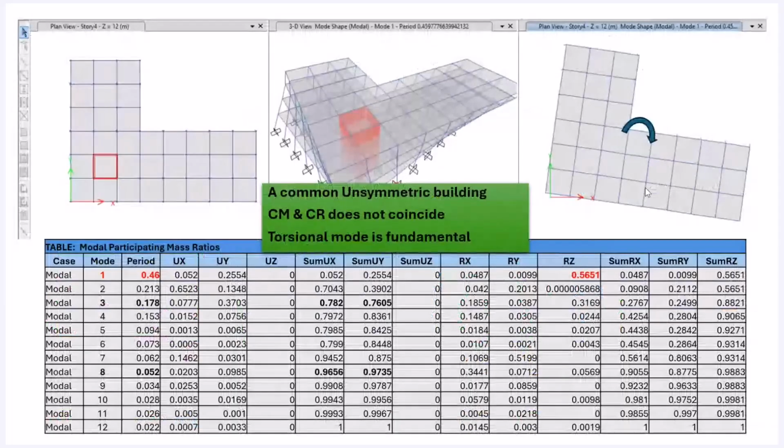The other case is a common unsymmetric building like an L shape, T, or a recessed C shape, right? Where obviously the center of mass and the center of rigidity do not coincide. And then you have the torsional mode as a fundamental mode. You will see that in the modal participating mass ratios.